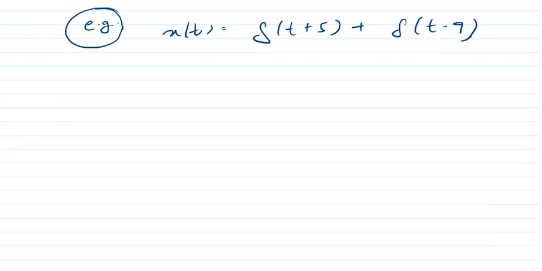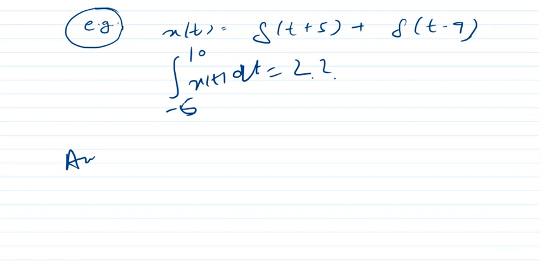The problem is, if we integrate from minus 6 to 10 of x(t) dt, what should be the result?